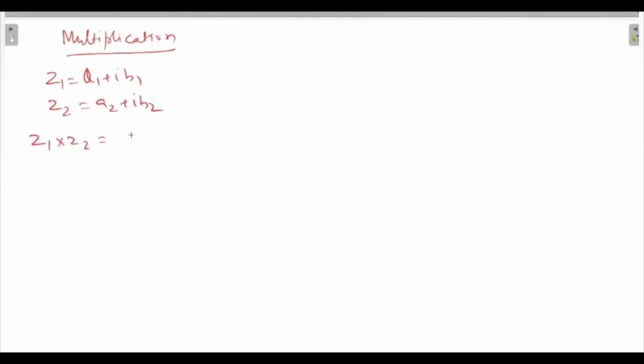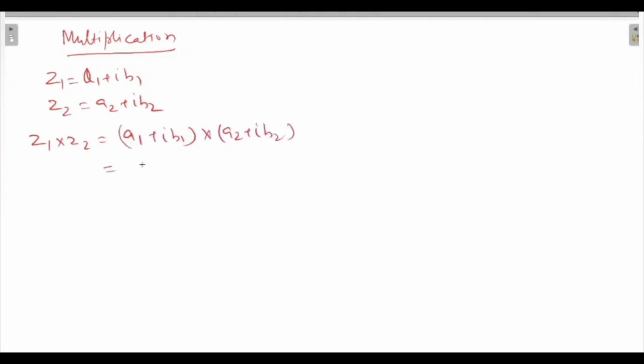Now coming to multiplication, so let's define multiplication. How do we do a multiplication? You have one complex number which is a1 plus ib1, and another complex number a2 plus ib2. When you are multiplying z1 into z2, what you will get is a1 plus ib1 into a2 plus ib2.